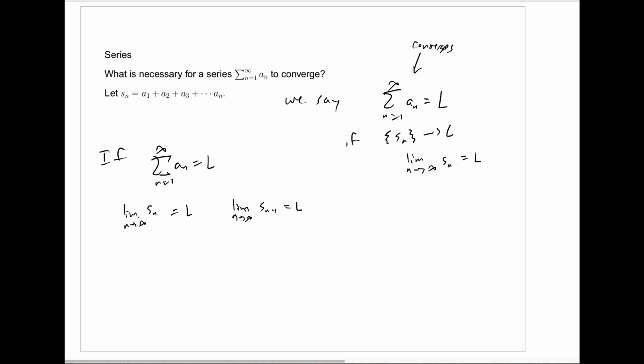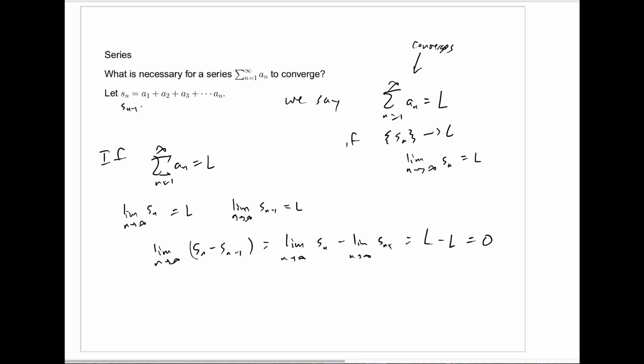And then by limit laws, the limit of S sub n minus S sub n minus 1 will be the limit of S sub n minus the limit of S sub n minus 1, which will be L minus L, which is of course 0. But what is S sub n minus S sub n minus 1? We've already seen this is S sub n.